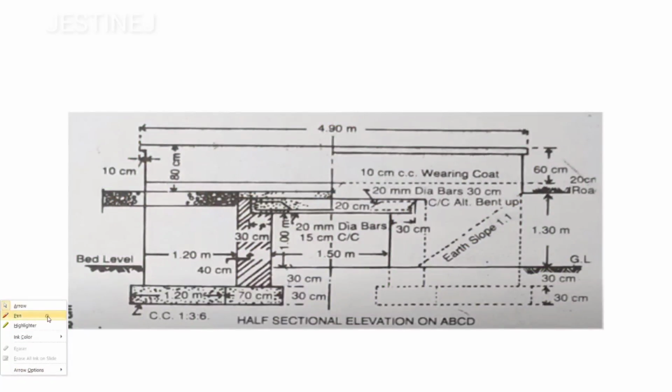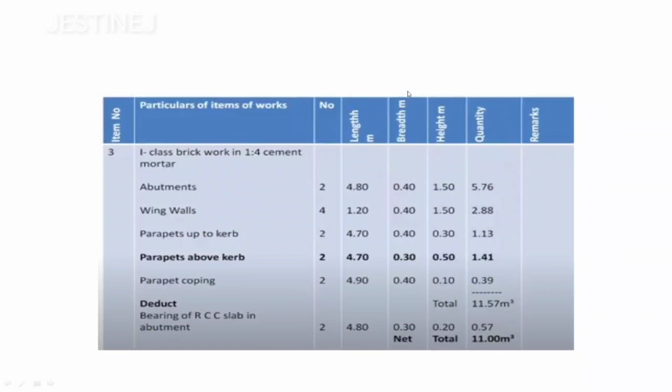If you observe here, the slab thickness is going to be 20 centimeter, and this width is provided as 30 centimeter, and the length is going to be 4.8. That is also clearly mentioned. So the bearing of RCC slab in abutment you can easily calculate from this: 4.8 multiplied by 0.3, 0.2, and you'll get 0.57.